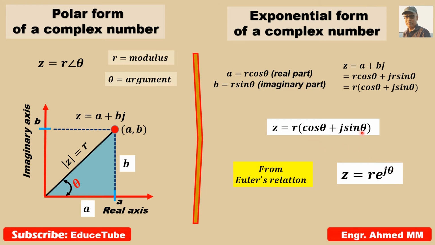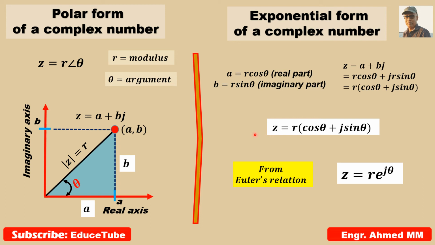So now we replace this trigonometrical term by the exponential term. That is why I wrote exponential form of a complex number: z equals r e to the power j theta.